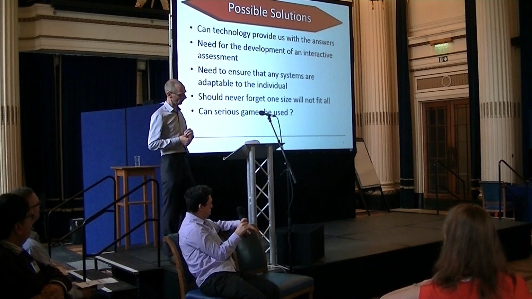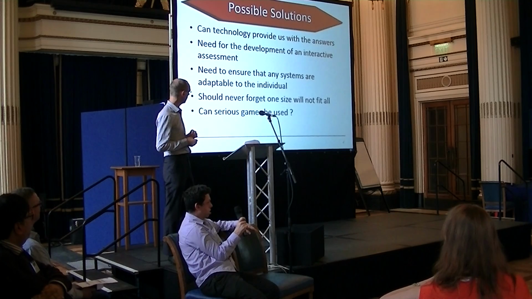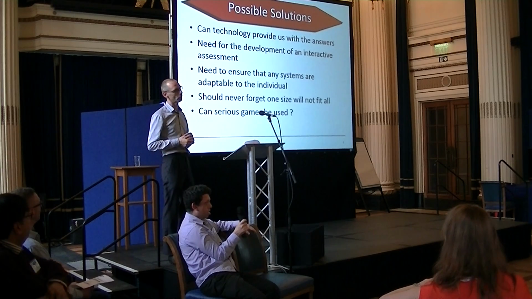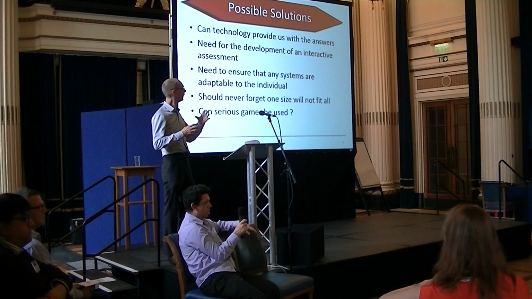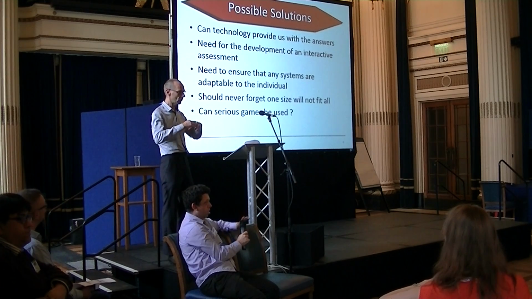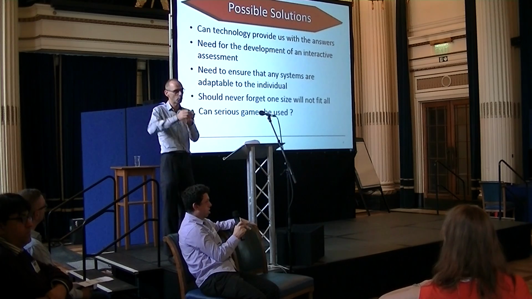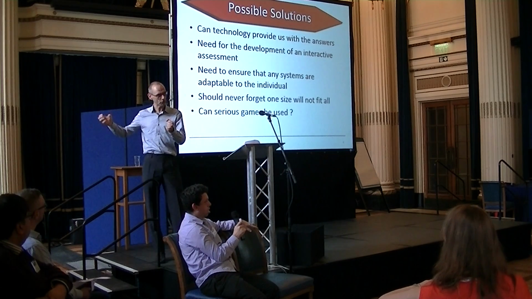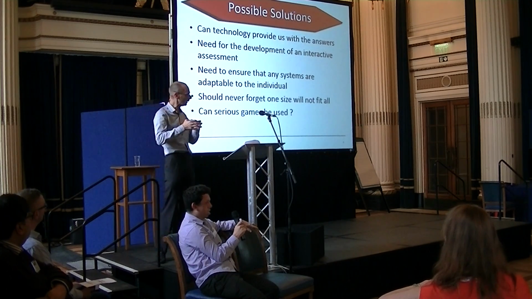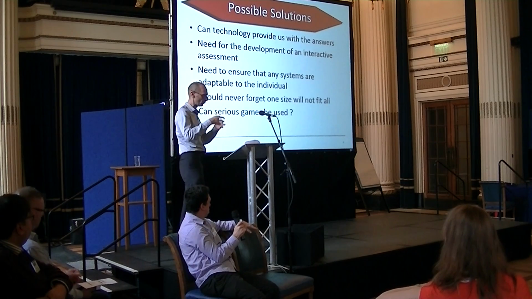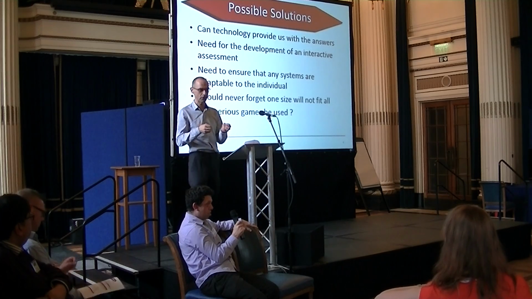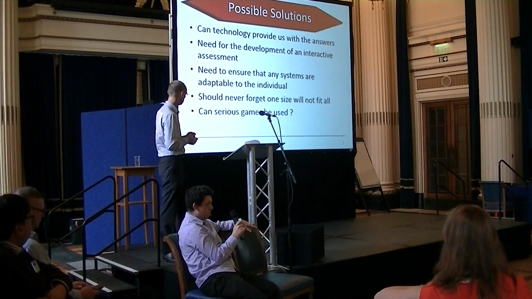As Zolfigar already quite rightly said, we should never forget that one size doesn't fit all. Too often the systems that are in place are looking at whether it is going to catch the majority of people, and we forget about those people outside of that who don't fit into that little box that we want them to fit into. They don't fit into that assessment tool that we've created, whatever that tool is.